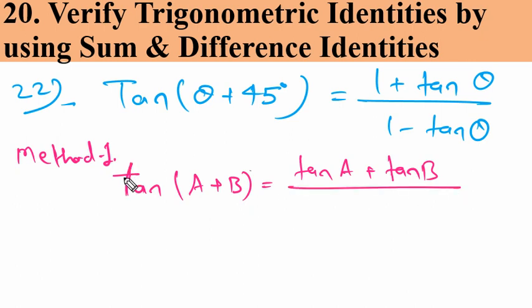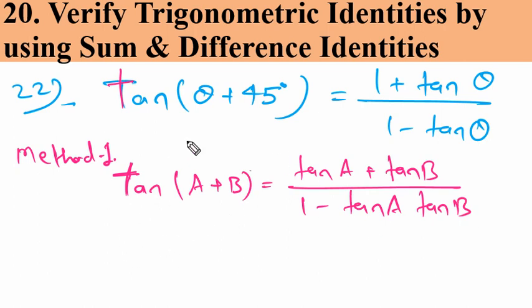Over 1 minus tan A tan B. Okay, so that is our formula that I wrote down at the beginning.